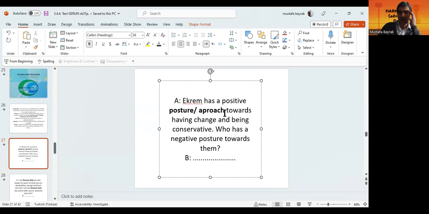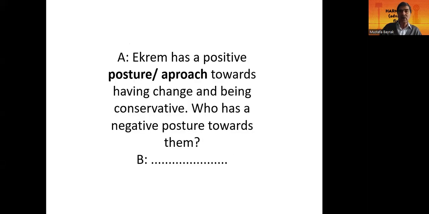Okay, approach. Ekrem has a positive approach towards having change and being conservative. Who has a negative posture towards them? Yakup has a negative posture towards having change and being conservative.